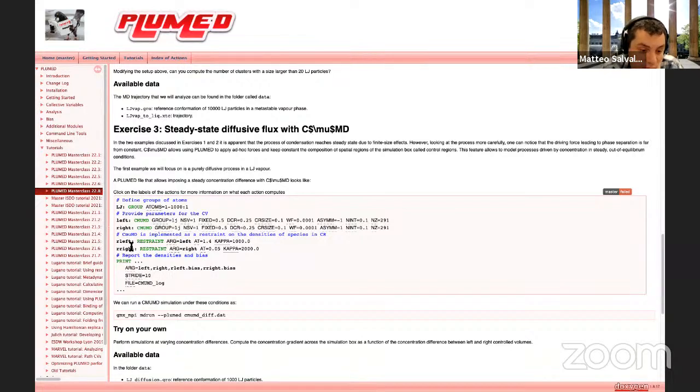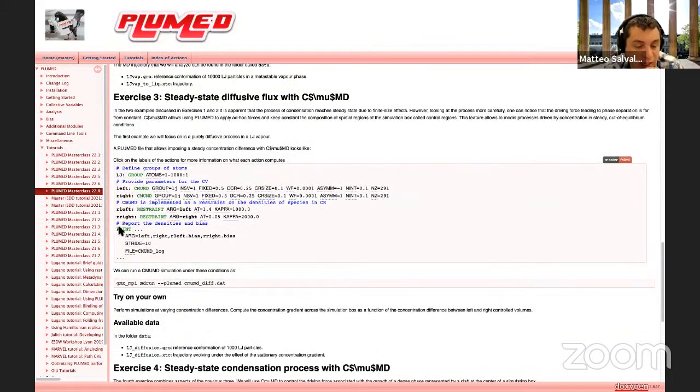By defining two restraints, one on the left and one on the right at different values, we are able to restrain the concentration within these two regions to two different values, one high and one low. And this is just some logging of the data.